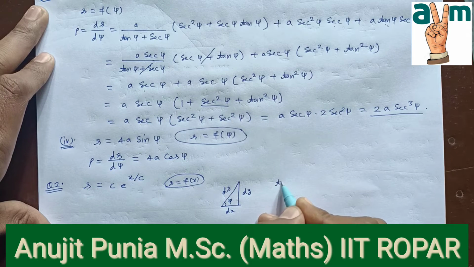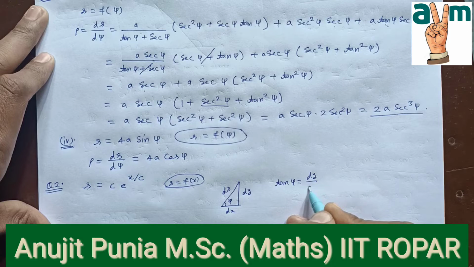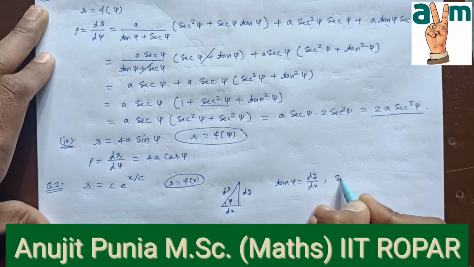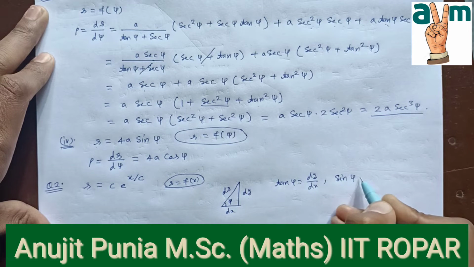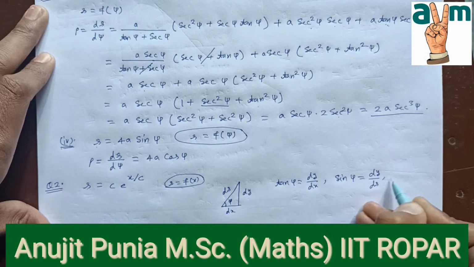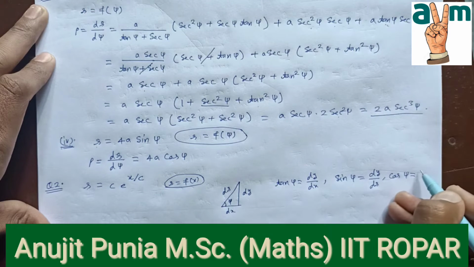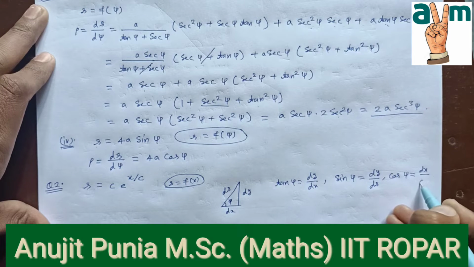Tangent psi is perpendicular upon base, dy upon dx. Sin psi is equal to dy upon ds, and cos psi is equal to dx upon ds.